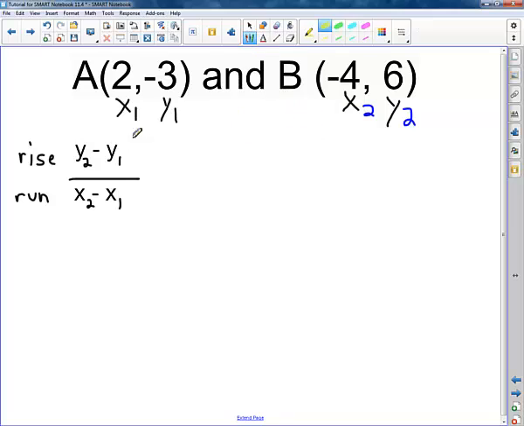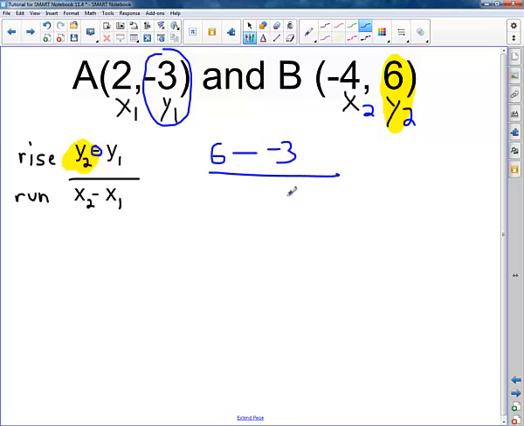Okay, so now I'm going to find out what is my y2. Okay, look over here. Yay, there it is, y2. It's on the second point and it's the y value. Okay, so y2 is 6, and then I have my little minus sign here, so 6 minus, and my value for y1 is a negative 3.